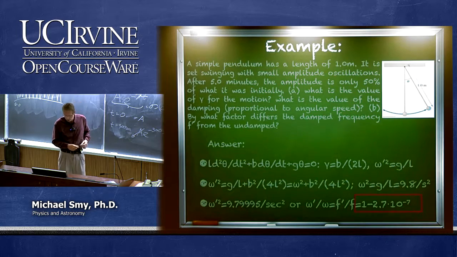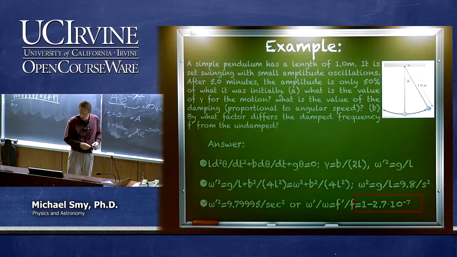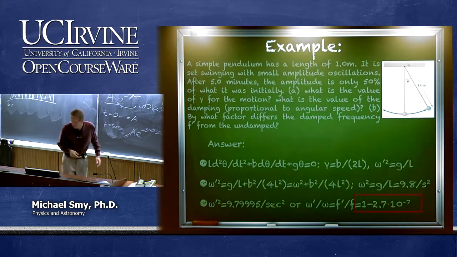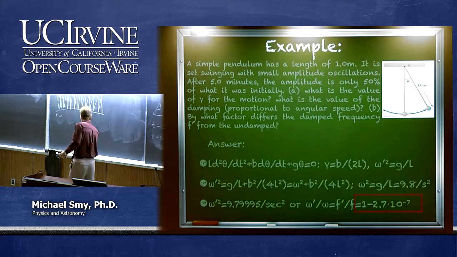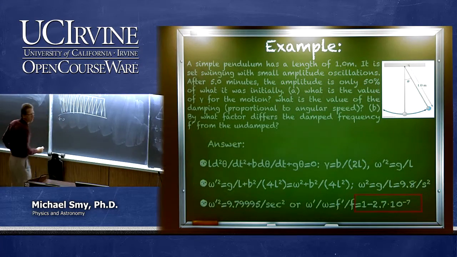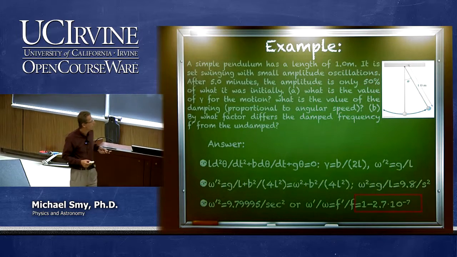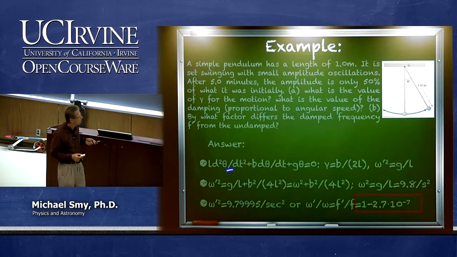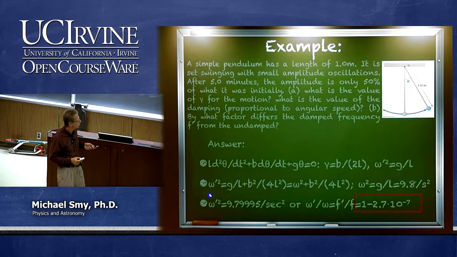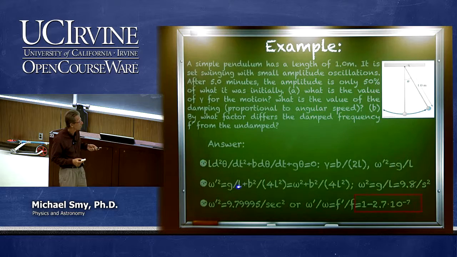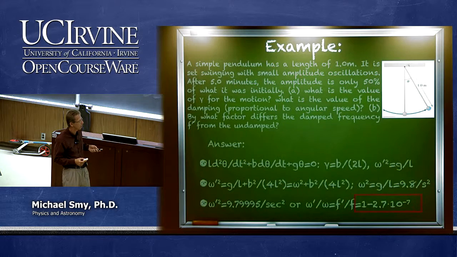And the second half is how does the damped frequency f prime differ from the undamped? And for that, we use the relation between omega prime and k over m, or in this case, omega prime and g over L. So omega prime square is g over L plus the damping term b square over 4L square.